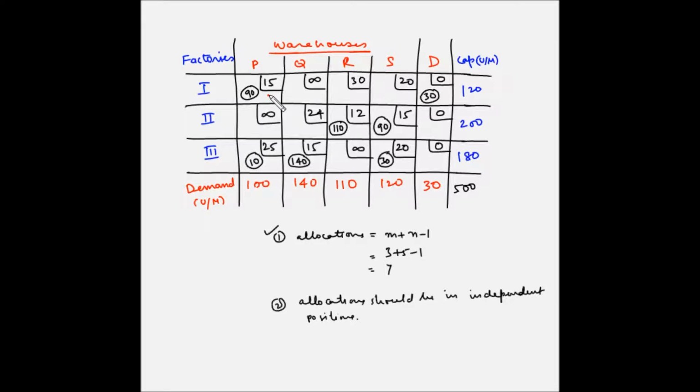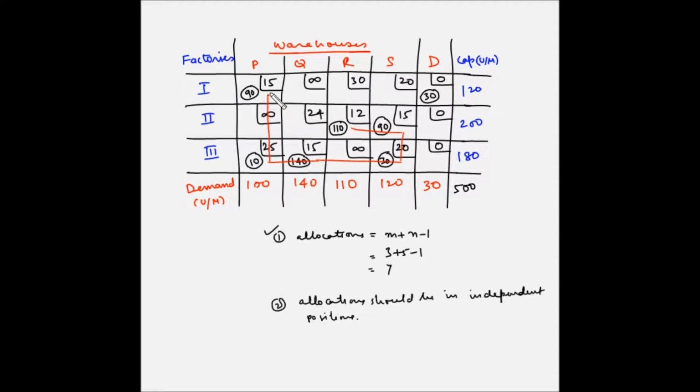So from here we can go to this square, then to 3q, then we can go to 3s, then from here we can go to 2s. Now from 2s we can only go back to 2r, but from here we can't jump to 1p using horizontal and vertical lines because there is no other allocation, so we can't go back to 1p without actually reversing this route.